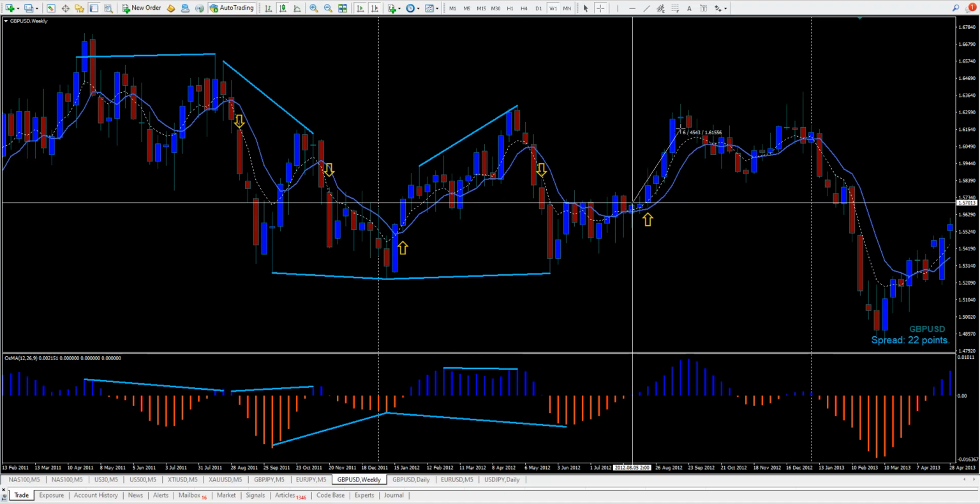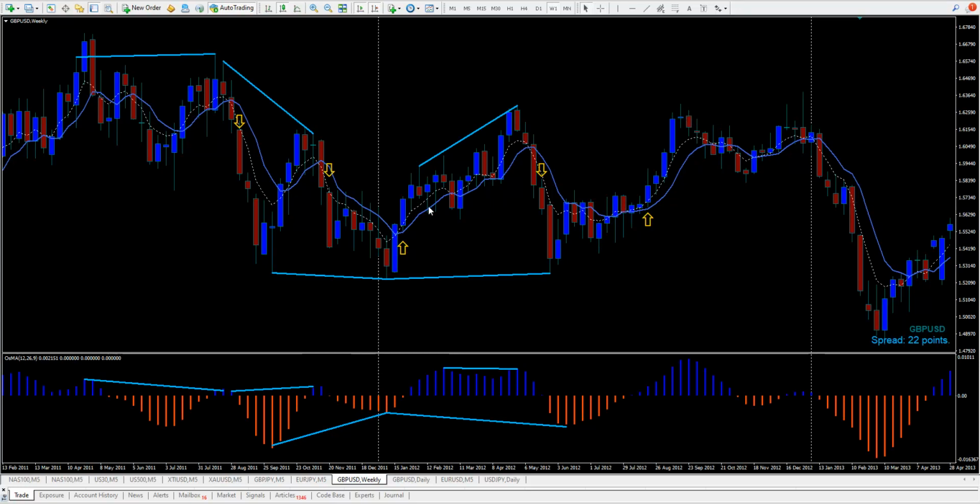So that's 1,200 pips right here you've done in 1 year. If you're trading one standard lot, that's $12,000. If you're trading two, that's $24,000. Trading 3 standard lots, that's $36,000.